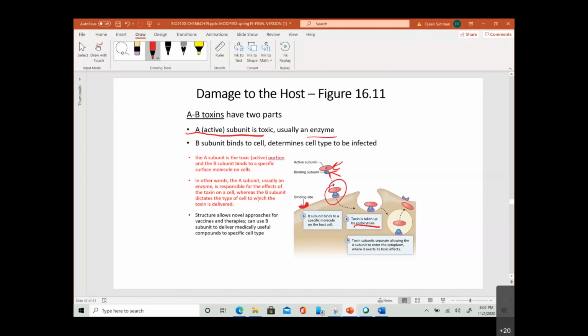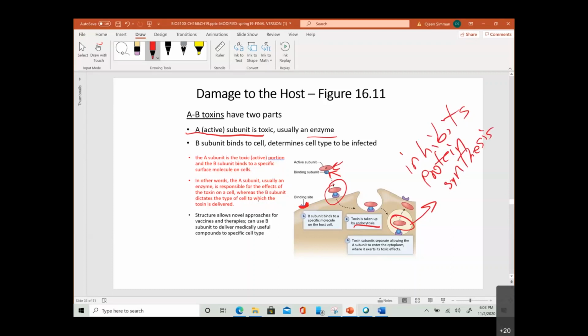After induction of endocytosis, and it goes inside the host cell cytoplasm, the two parts separate, releasing the toxic part, which is the A subunit. The A subunit inhibits host cell protein synthesis, leading to the destruction of the host cell.